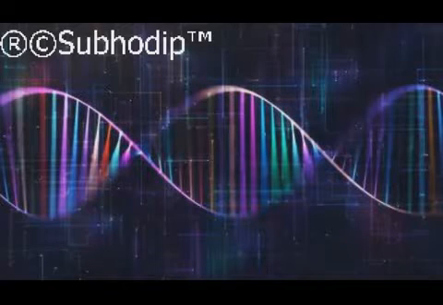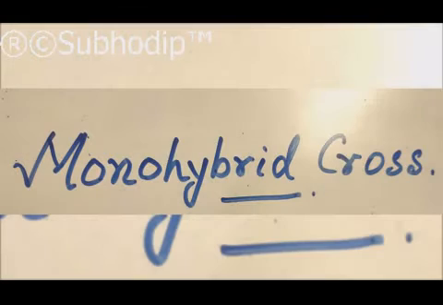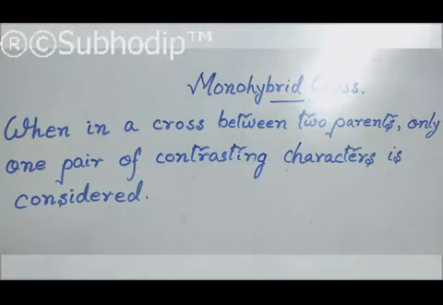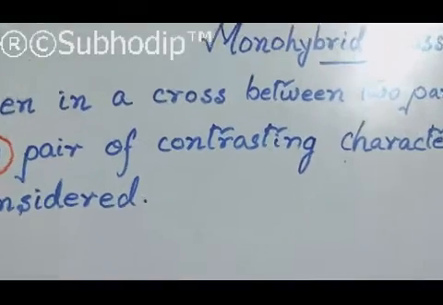Today we are going to learn about monohybrid cross. When in a cross between two parents, only one pair of contrasting characters is considered, it is called a monohybrid cross. Hybridization is a cross between two genetically unlike parents, often restricted to offsprings of two different species or well-marked varieties of the same species.